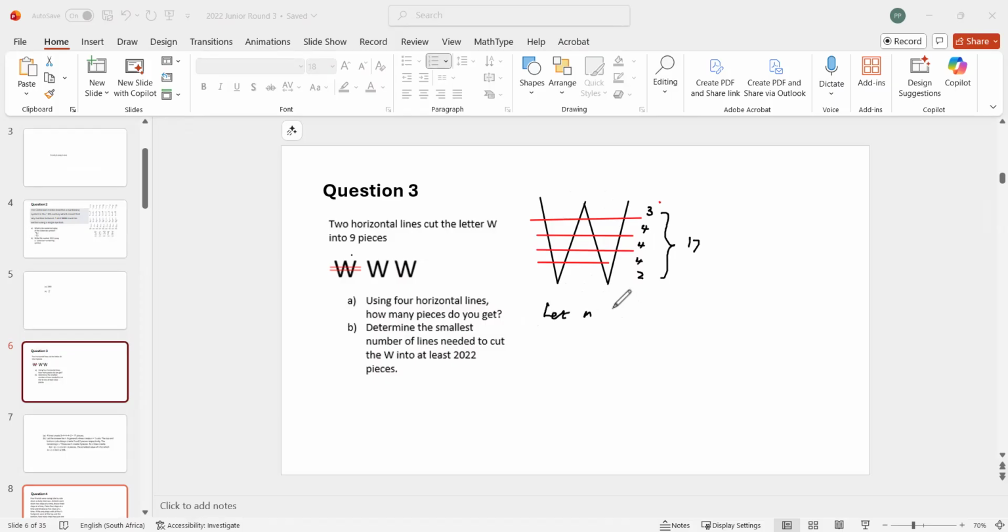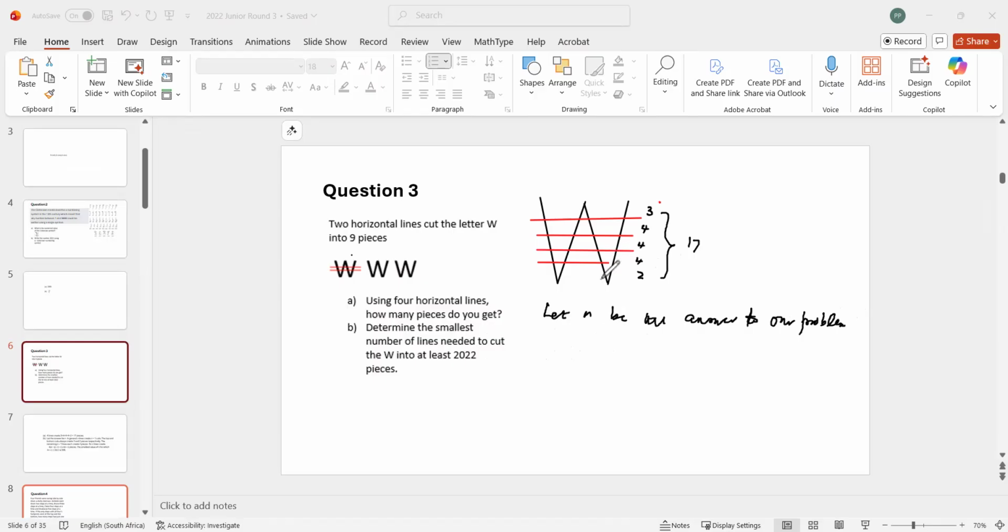Let n be the smallest, or the answer to our problem. So we'll try to see what n is. Now n is the number of lines. Not the number of pieces, but the number of lines. And you got 2022 pieces.